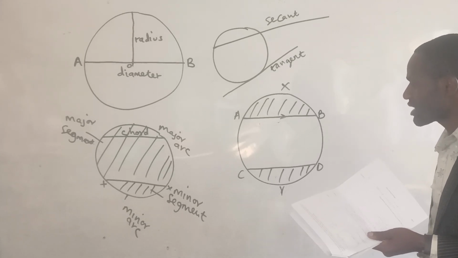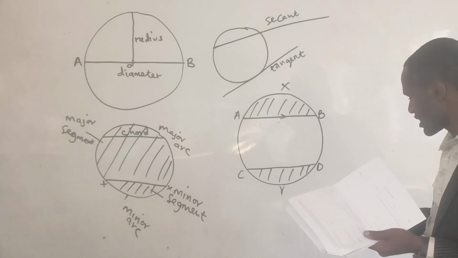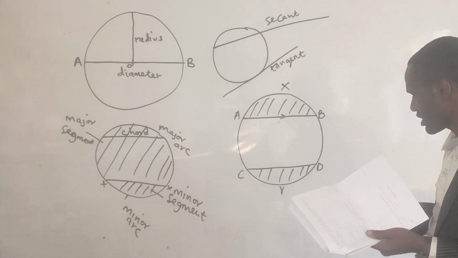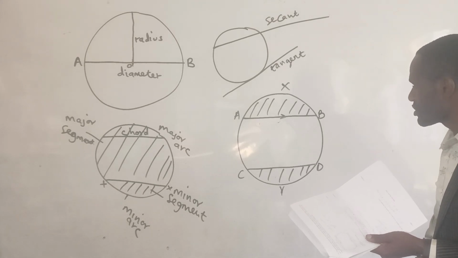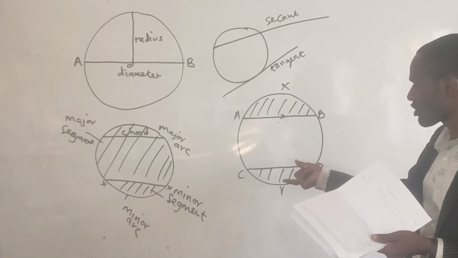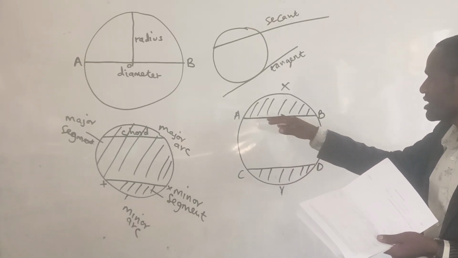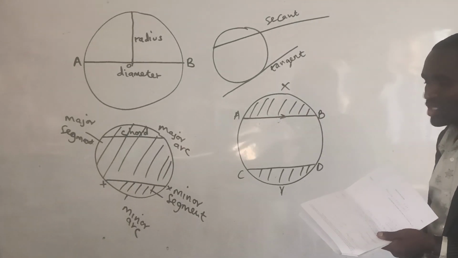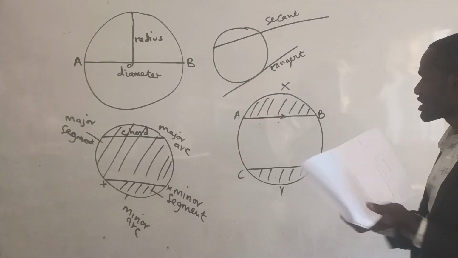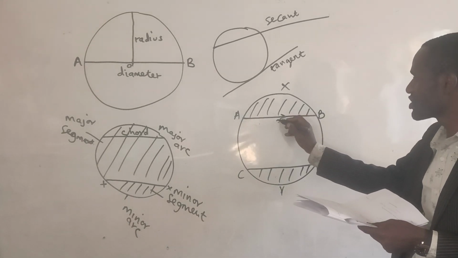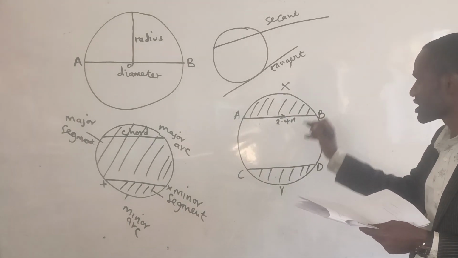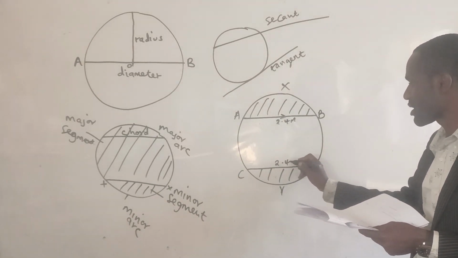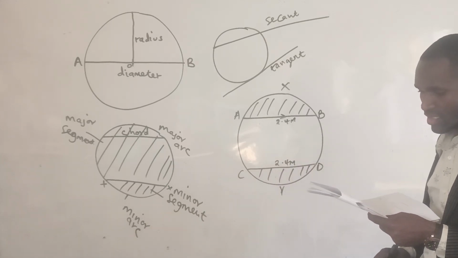So if you look at this keenly, you'll realize that this chord gives us what we call a minor segment, and this is also a chord that gives us a minor segment. And I've told you these chords are of equal length, each 2.4 meters, as per the question's information.